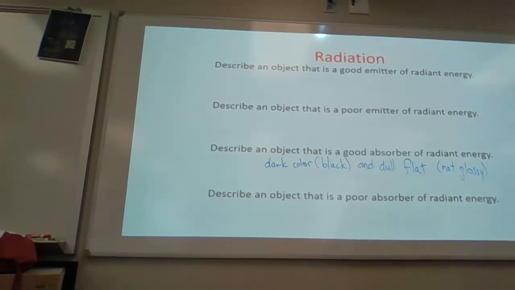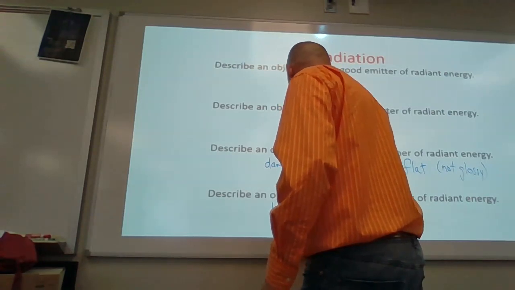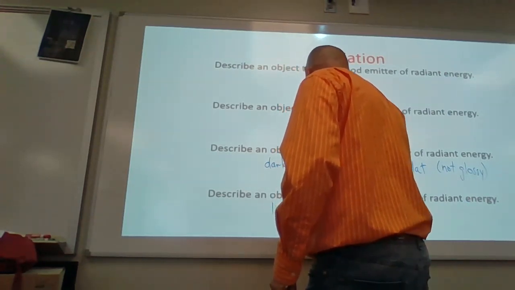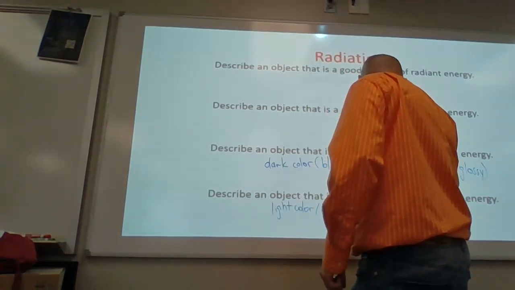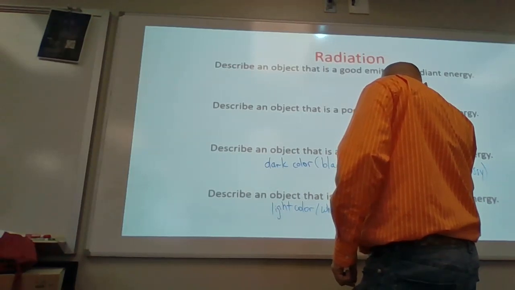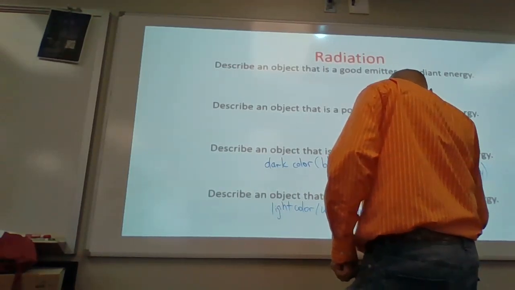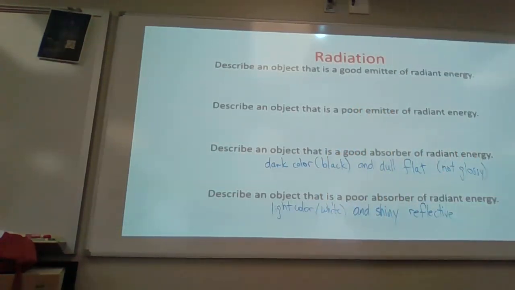A poor absorber would be a light color, so white and shiny, reflective.